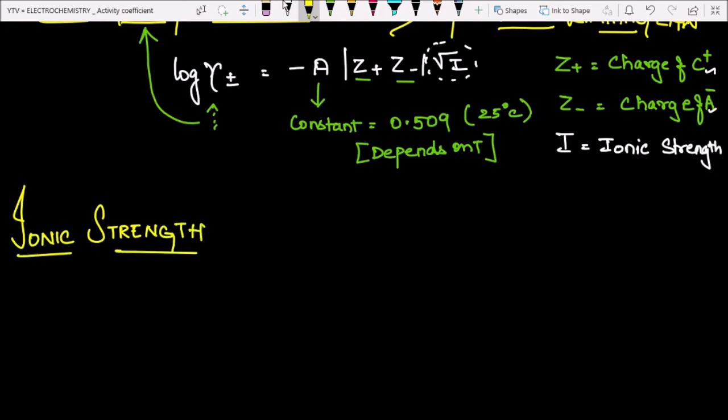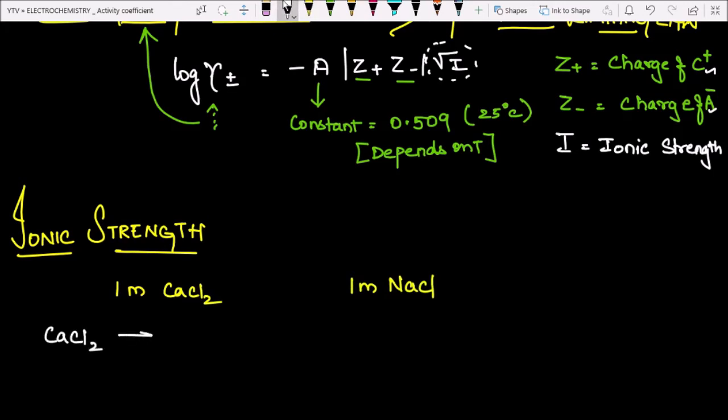I'll give you a simple example. Let's talk in terms of molarity, or we can talk in terms of molality. I have 1 molar calcium chloride. Similarly, on the other hand, I have 1 molar NaCl. Ionic strength is about the number of ions that are present.